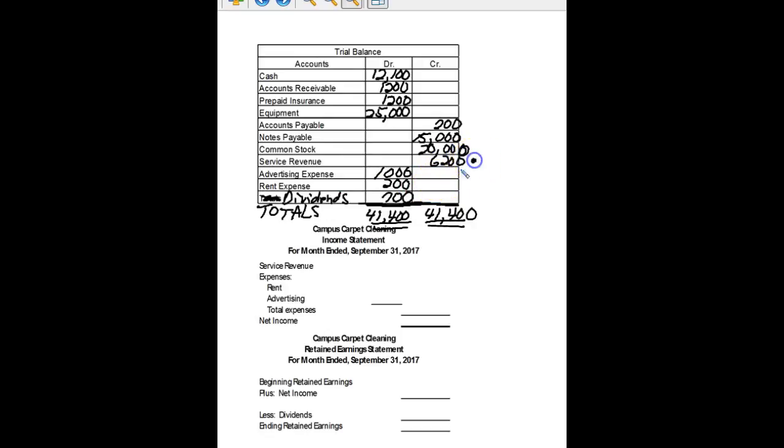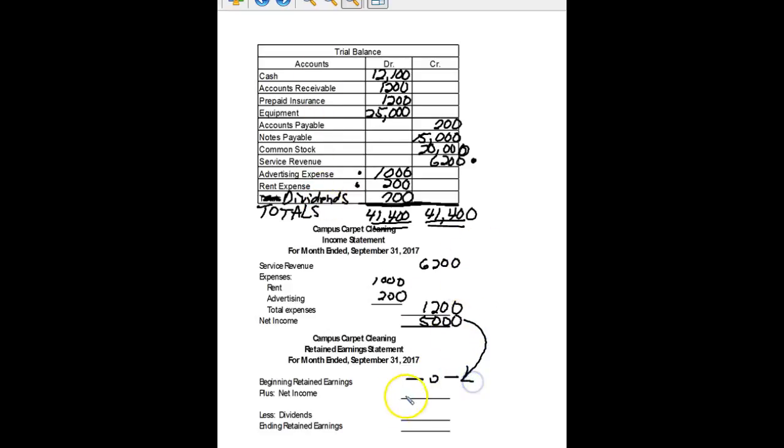The reason we stop here is we have the trial balance. We can start with service revenue and put that into the income statement. And then the two expenses, 1,000 and 200, total those up, and we'll have net income of $5,000. Remember, I don't even have a retained earnings on here because it's the beginning balance.